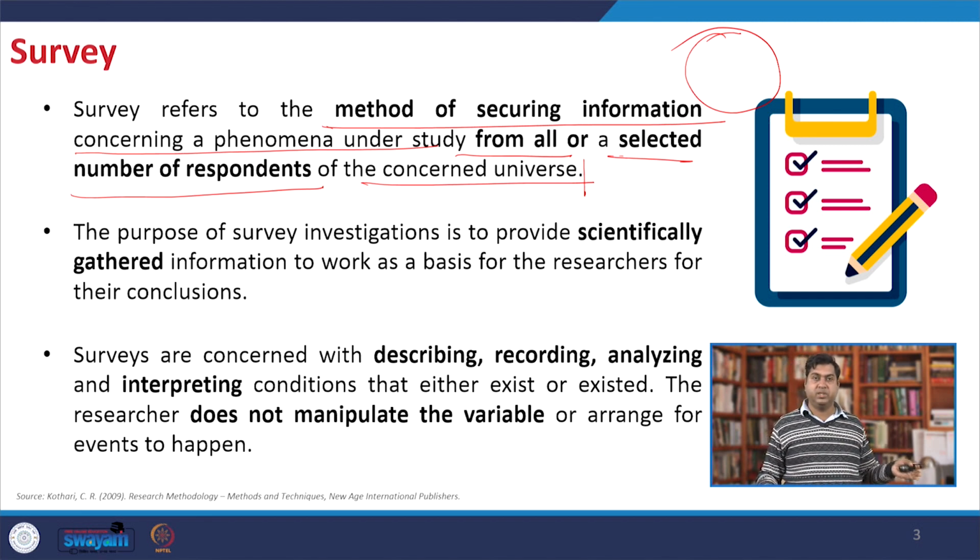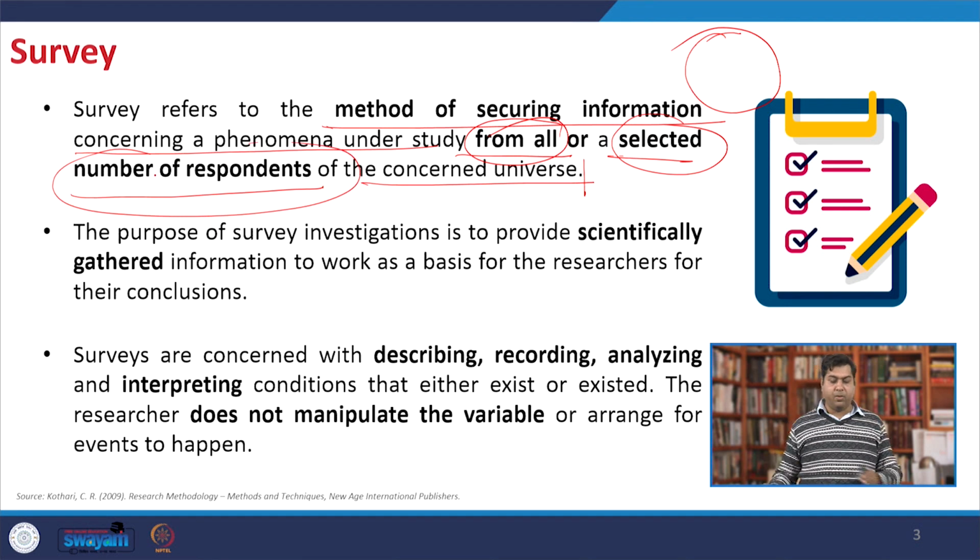We could survey all of them, which sometimes seems impossible, because each day there will be a few lakhs of people traveling. Then we go for a sample. Out of that population we only interview some representative sample. That is why it says it can be from all, or it may be a selected number of respondents of the concerned universe or population.